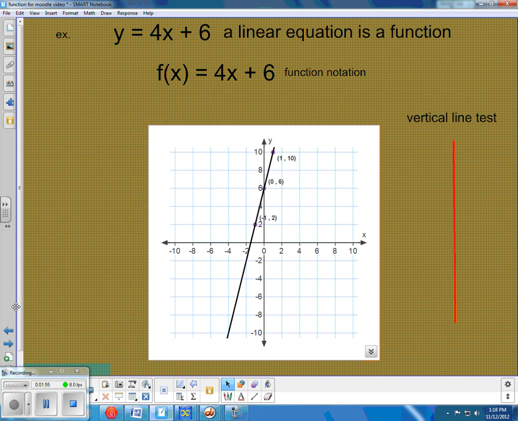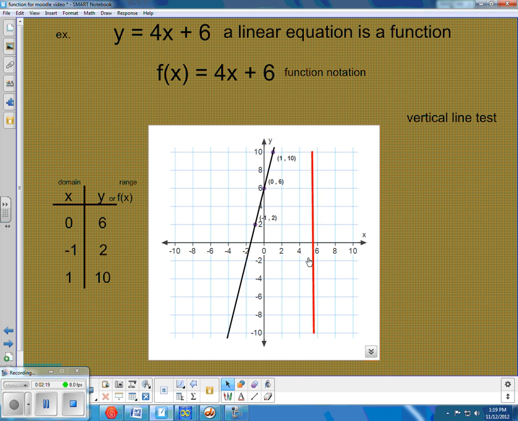We have a linear equation, and it is a function, and because it's a function, we can write it in function notation. In our table, we have our domain values all unique to our y values. Now, this is clearer when we take a vertical line test. If I take my vertical line and run it by all my domain values, we will clearly see that when I hit the graph, there's only one value of y for every value of x.